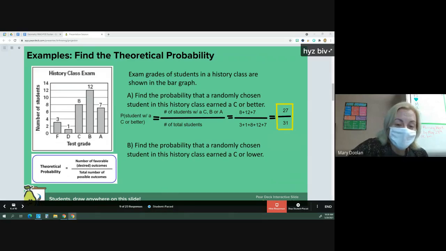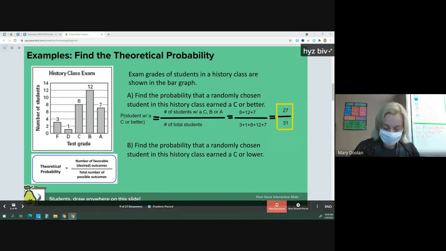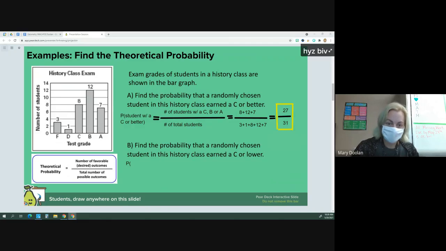Okay, so probability, student with a C or lower.